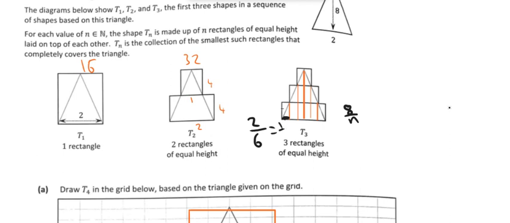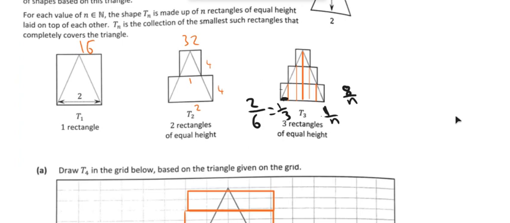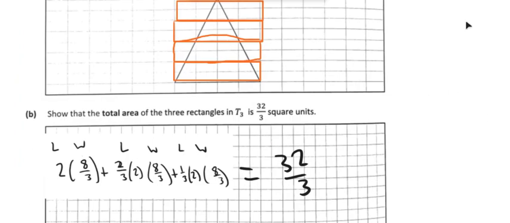Now that's the same as 1 over 3, but note that 3 is the same thing as n in this case because it's T3. So therefore that will always be 1 over n. So for one little rectangle it would be 1 over n multiplied by 8 over n.